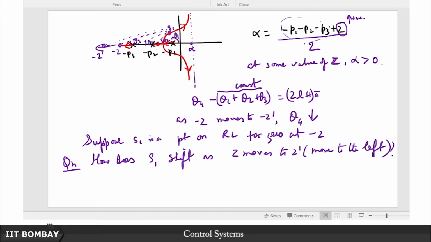One way we have of course seen of answering this question is to study the centroid, and that clearly tells us that eventually the root locus is going to move more to the right. But the other way to see this is to apply the angle criteria at the old point S1. Of course S1 is a point on the old root locus with the zero at minus z, so it satisfies the angle criteria.